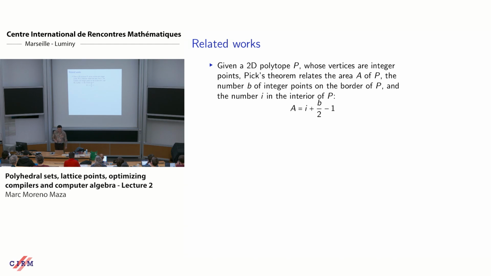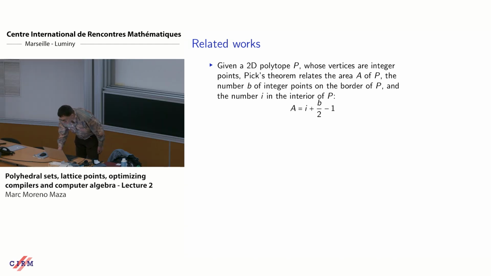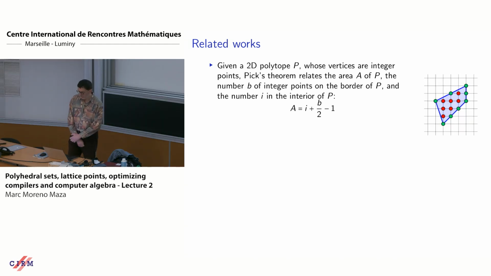Okay, a little bit of related work. Maybe you have heard about Pick's theorem. In the plane, if I have a little polytope, I can relate the number of its integer points on the border.